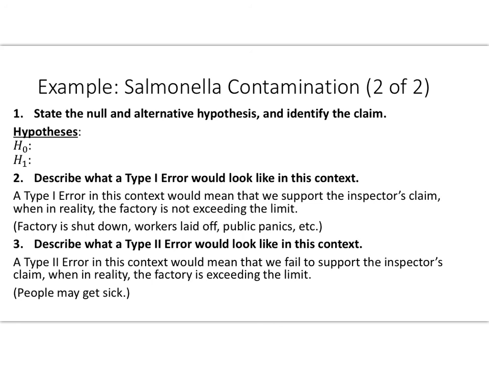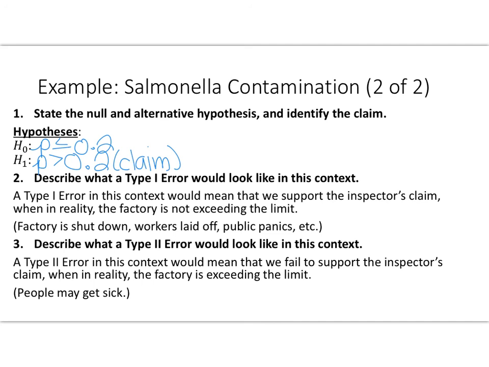So here P is greater than 0.2. This is our claim. And our null would be P is less than or equal to 0.2, which is what you're actually wanting, because that means there's no salmonella. So kind of keep that in mind as you're thinking about these errors.